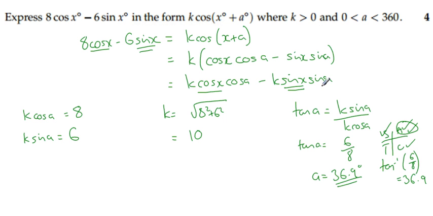Looking at marks, you're going to get 1 mark for expanding correctly, 1 mark for getting your k sin and your k cos correct, 1 mark for your k, and your 4th mark for a. One thing you could do is just a bit of housekeeping at the end, rewriting this whole thing, but sorry, I just missed that out there.